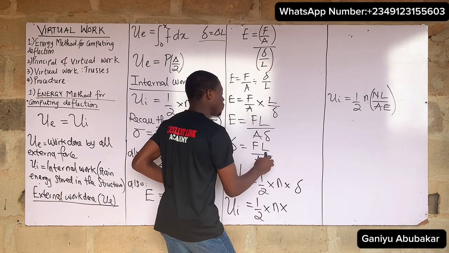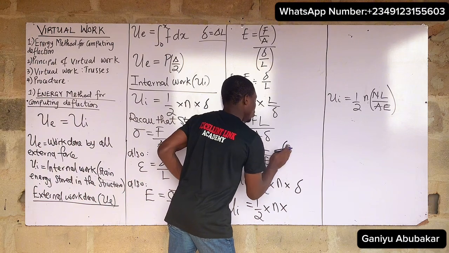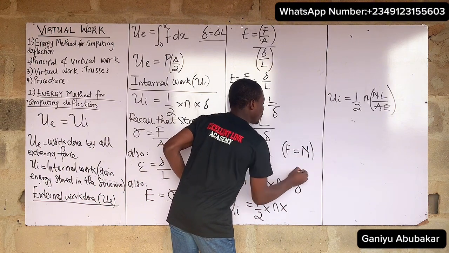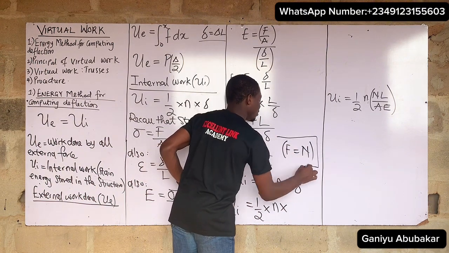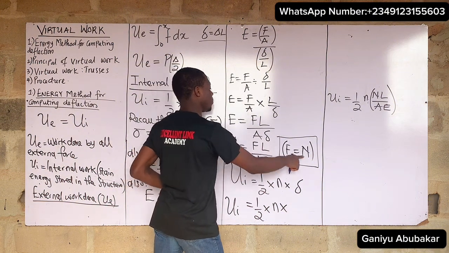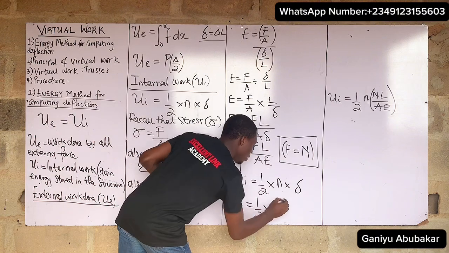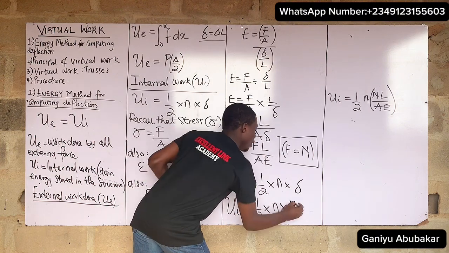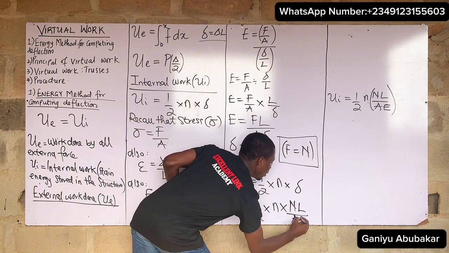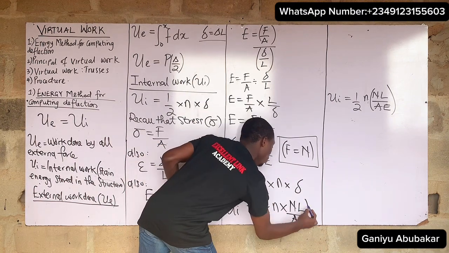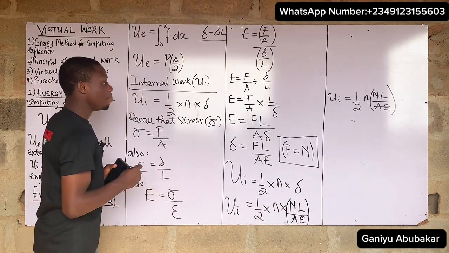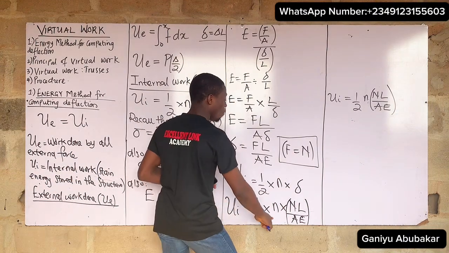Basically, our F, I can express F as being capital N, please. They are the same thing. So I have capital N L all over A E. So this becomes my mathematical expression for UI.